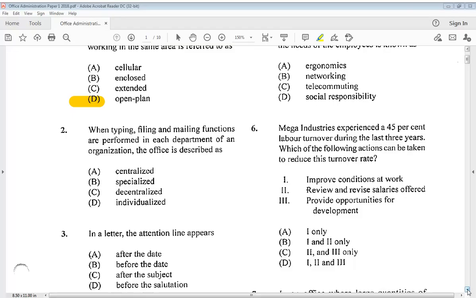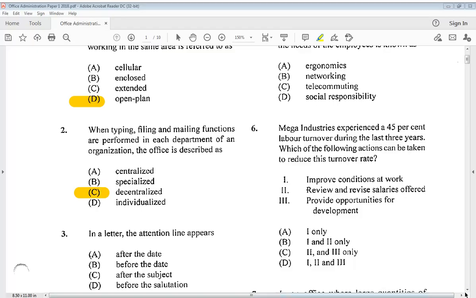So we're left with A and C. And we know that our answer would be C when it is performed in each department. When it is performed in one central location, that would be centralized. So C would be our answer, decentralized.